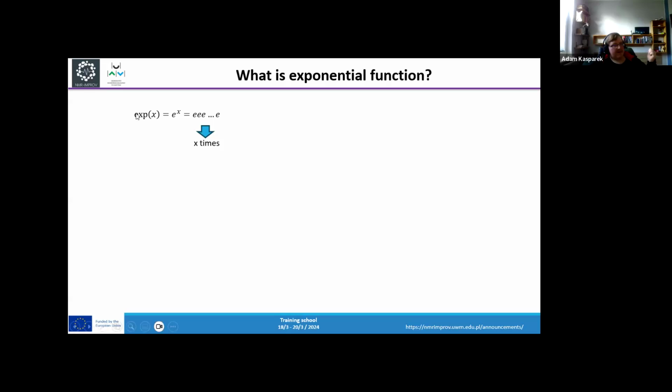Exponential functions are very often written in Excel, in MATLAB, in many programs simply as exp. Exp of x is the exponent function where we multiply e by itself x times. So if, for example, it would be e up to the power of 2, that means e multiplied by e, and so on.